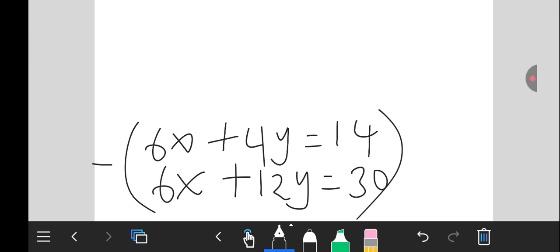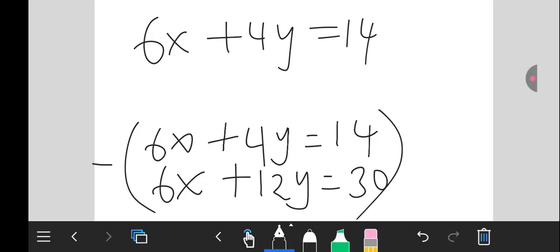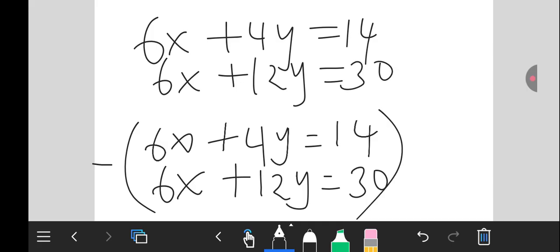So 6x plus 4y is equal to 14, and 6x plus 12y is equal to 30.